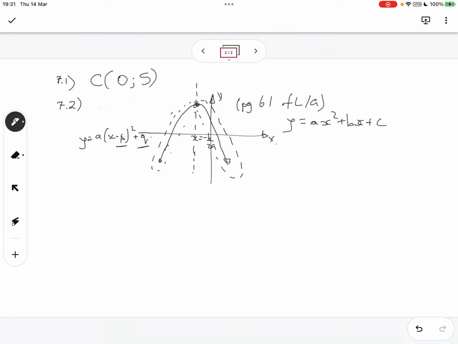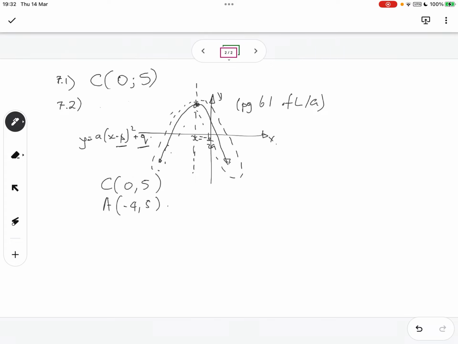Then turning point plus 1 point. So we don't have the other point. We only have 2 points. Okay, let's do this. Let's be creative. Alright, so we've got the point C is 0, 5. And we've got the other point, is it A?